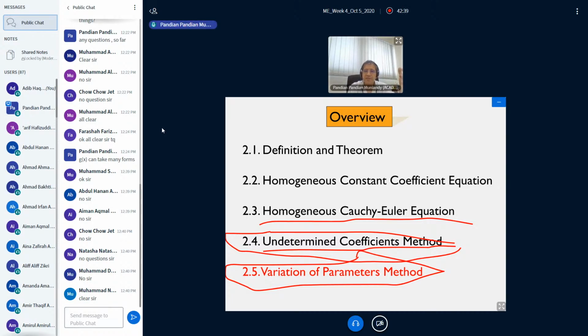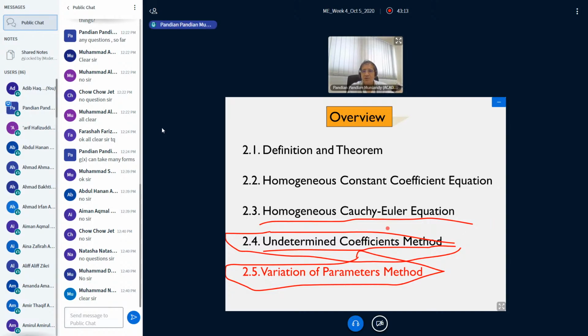That is the problem. You need two independent solutions if it's second order. If it's third order, then you must have three independent solutions. So that's why you put x, so that it becomes two independent solutions for the second order. And the third case is complex roots. So you must know how to write the yc for the complex roots.